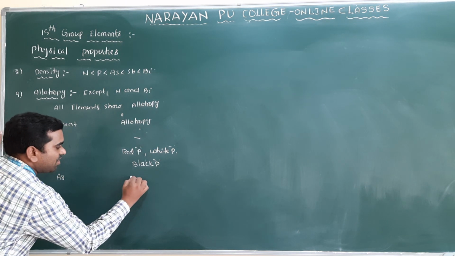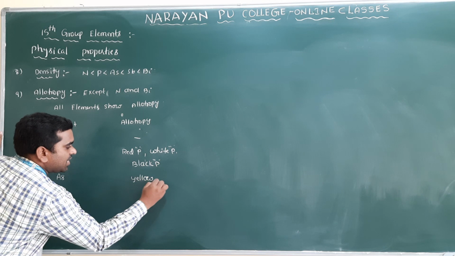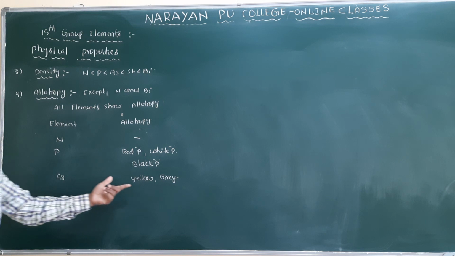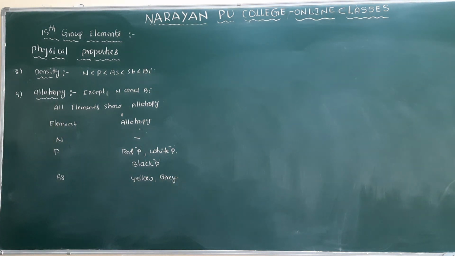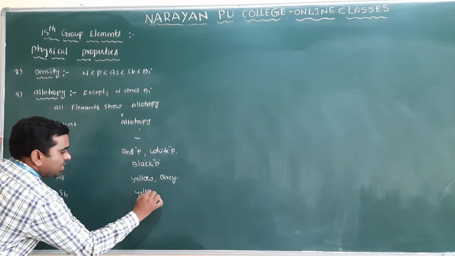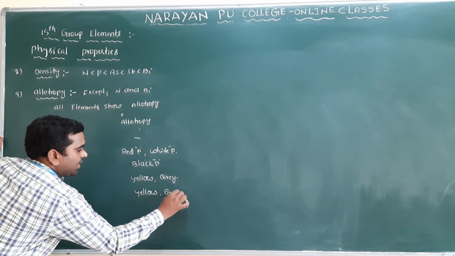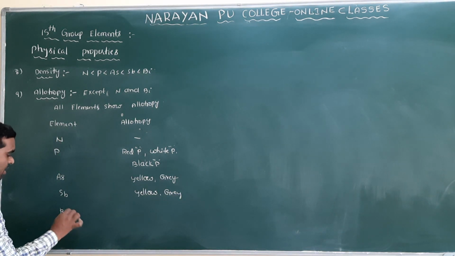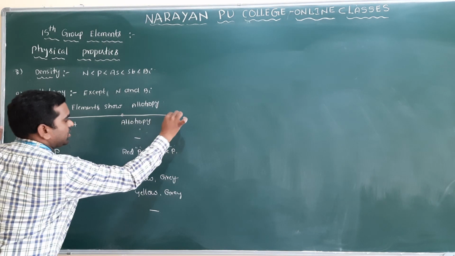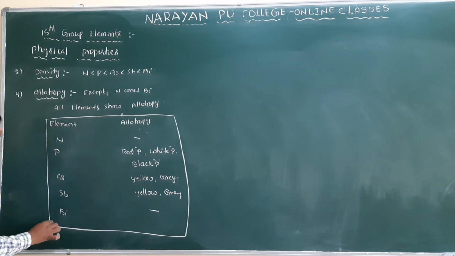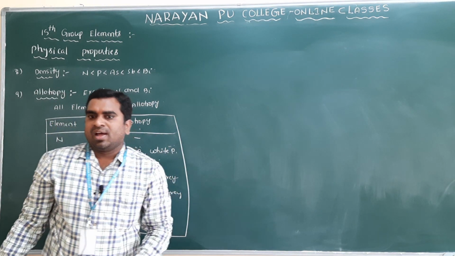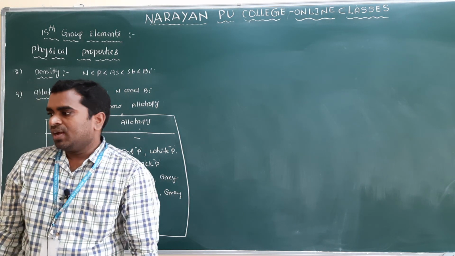Arsenic and antimony are available in yellow and gray allotropic forms. Antimony also shows allotropy, yellow and gray. Bismuth will not show any allotropic form. So this is about the allotropy of 15th group elements.